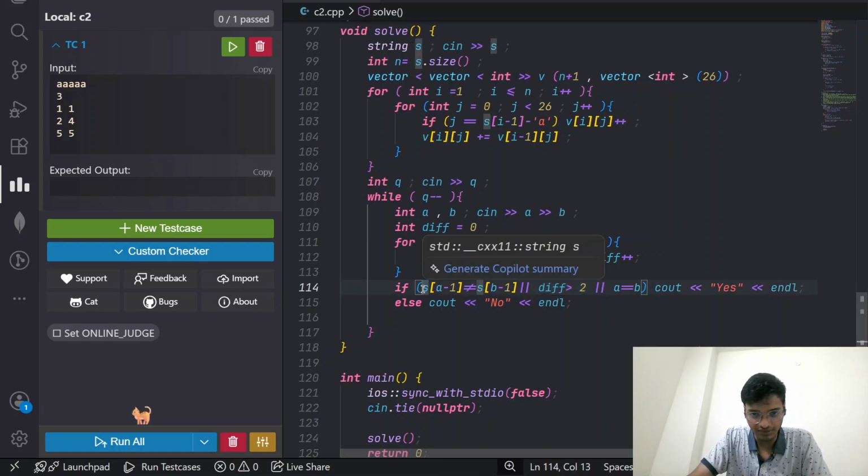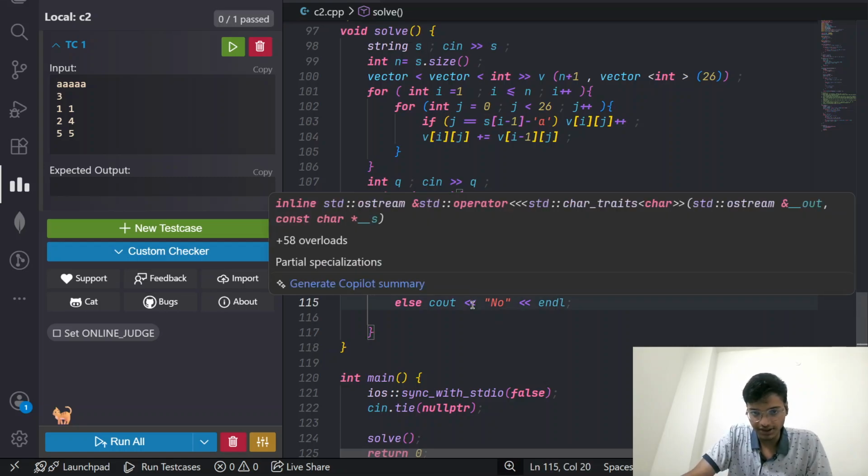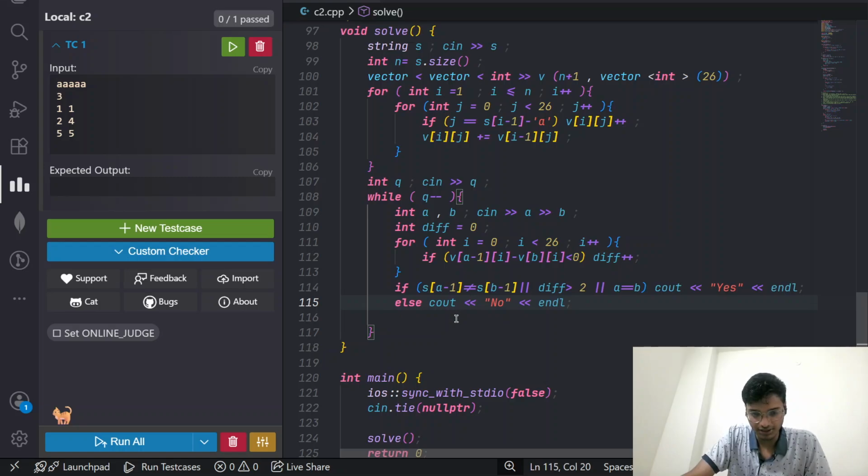And for a difference equal to 2, if the last character and the first character are different, then irreducible anagrams are also possible. If rearrangement is possible, we print yes, else we print no.